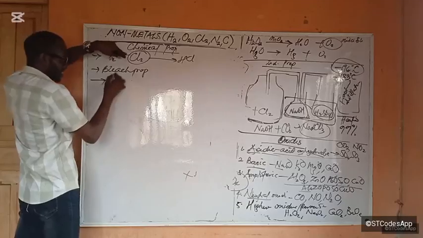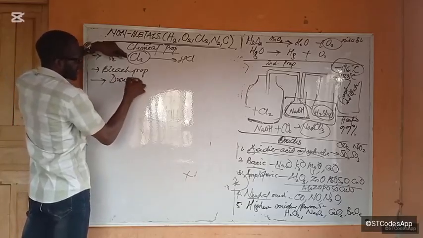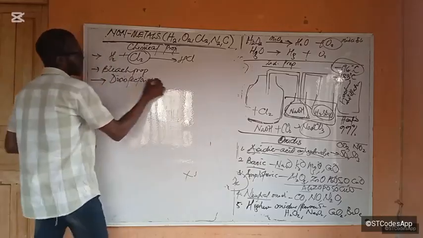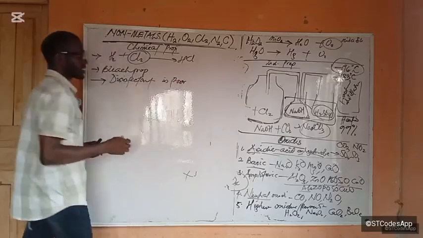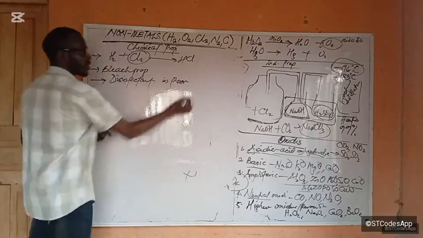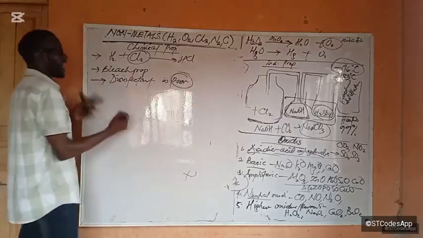Chlorine is used as a disinfectant in pools and municipal waters. That's for purification of your water, so it kills bacteria. How does it act?